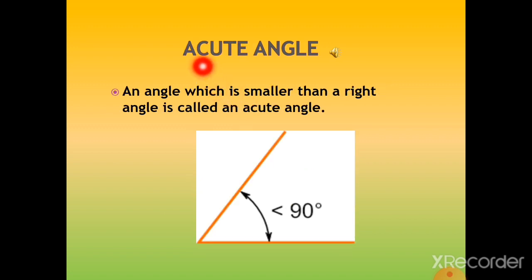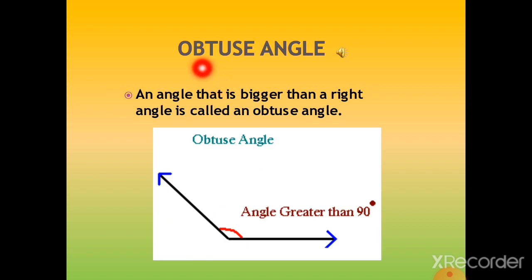Second angle is acute angle. An angle which is smaller than a right angle is called an acute angle. See, this angle is smaller than 90 degree. This is an acute angle. Next is obtuse angle. An angle that is bigger than a right angle is called an obtuse angle.